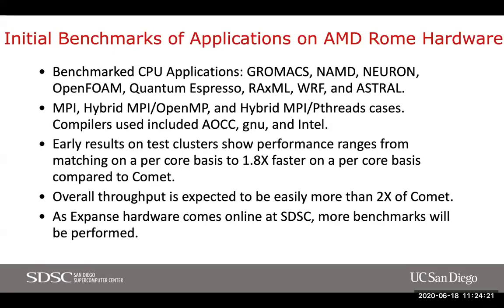Since it was Comet, we had a reference of 24 cores, 48 cores, going up to I think 768 cores, which on this machine is actually not a lot of nodes. So with 6 nodes, we get there. We benchmarked basically the CPU applications Gromacs, NAMD, Neuron, OpenFOAM, Quantum Espresso, XML, WRF, and Astral.